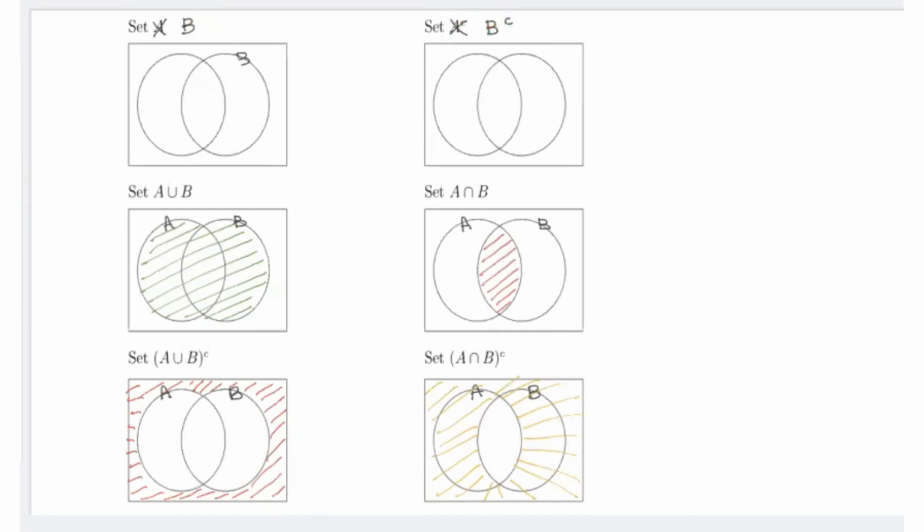Can you do it? Okay, I'll give you a minute. Try to circle to find the region. What's B complement?